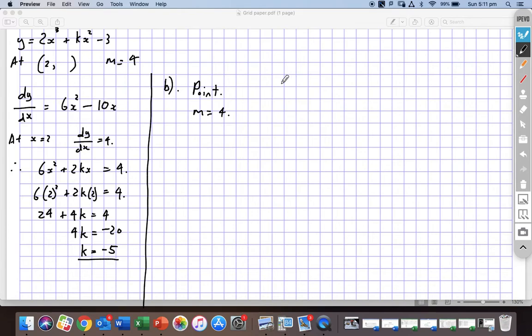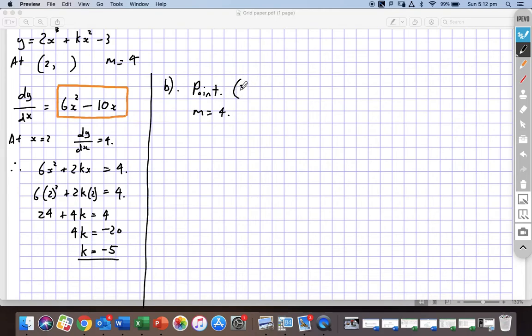Right, so that would be my new derivative. And if I plug x equals 2 into that, then I will get the answer of 4, right? 6 times 4 is 24, minus 20 equals 4. But they've already told me the point, though, they only told me the x value. So I need to work out what the y value is. I don't have the full point.